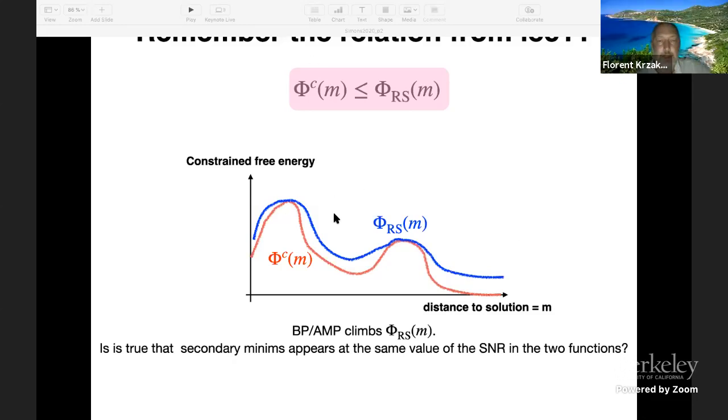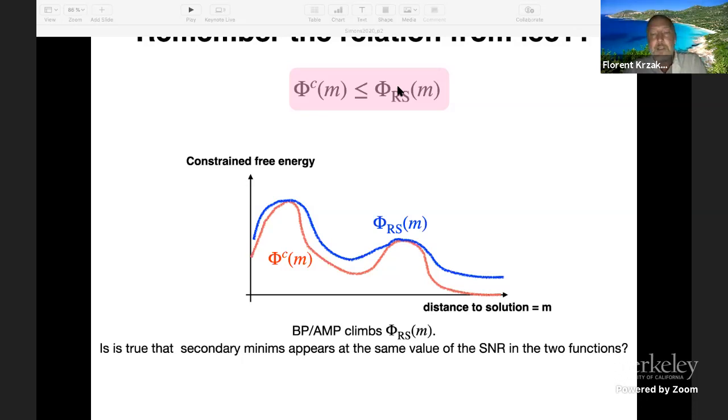Well, unfortunately, not a physical one. We like to think about the replica symmetric potential as a true potential with a fixed m, but this is wrong. It's just a bound on it, so it's not clear what this object actually means. Now, there is an algorithmic interpretation of the replica symmetric potential, and in my opinion that is the interesting thing about AMP. AMP, seen as an algorithm, is really just climbing the replica symmetric potential.